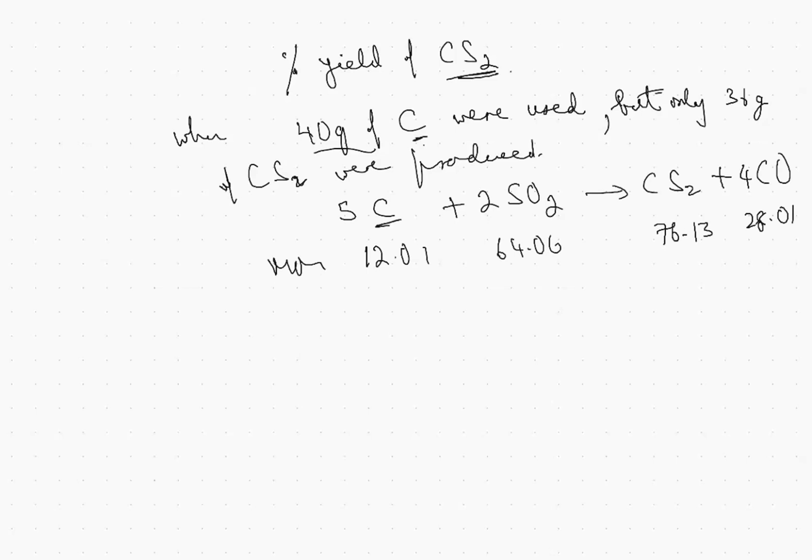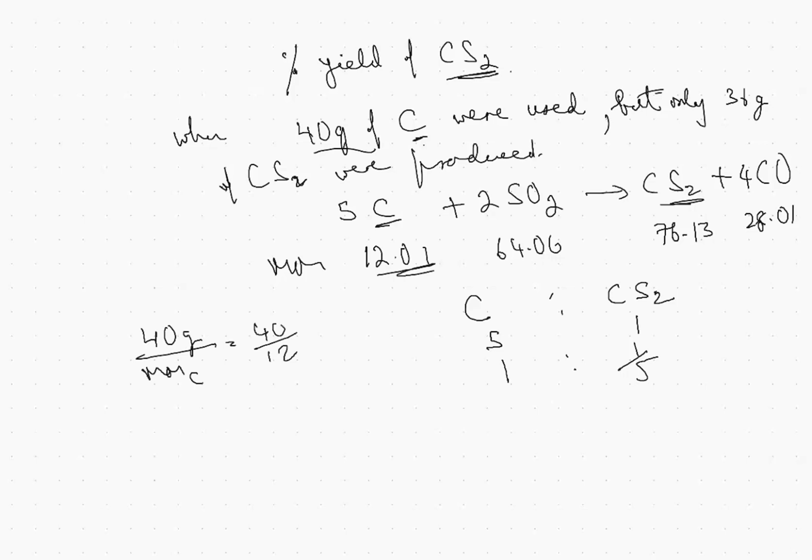Okay, so the ratio 5 produce 1. So 1 would produce 1/5 of the carbon number of moles. But in 40 grams of carbon, we had to see the number of moles, divided by the molar mass of carbon, which is given here. So 40 divided by 12. I get 3.33.